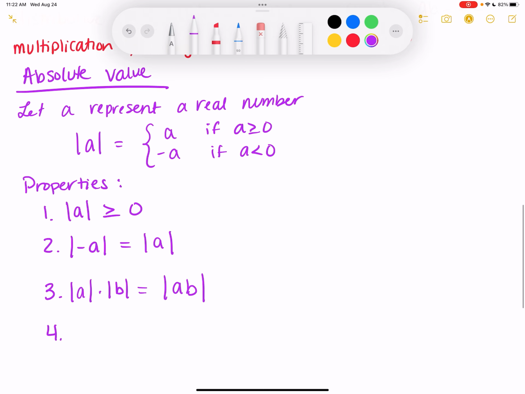4, the absolute value of A over the absolute value of B equals the absolute value of A over B. So just like the multiplication one, you can split it or combine it. The only thing different about this one is that B cannot be equal to 0.